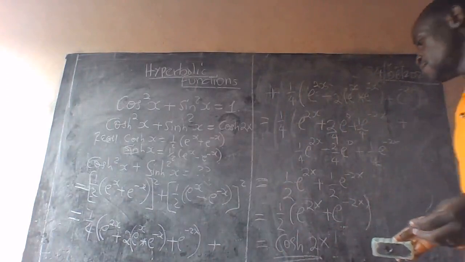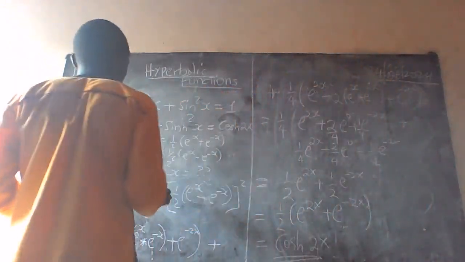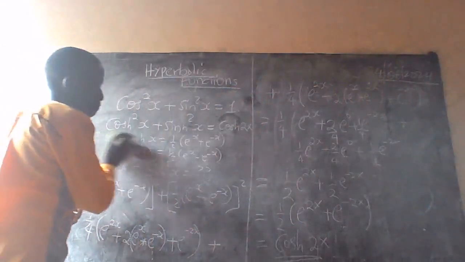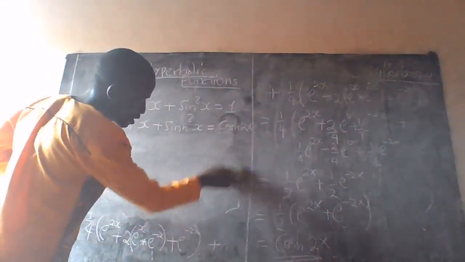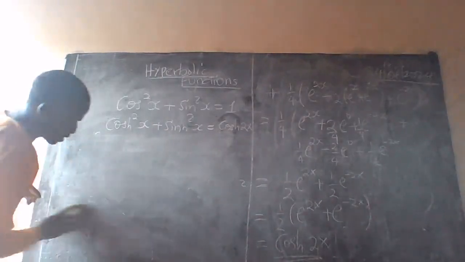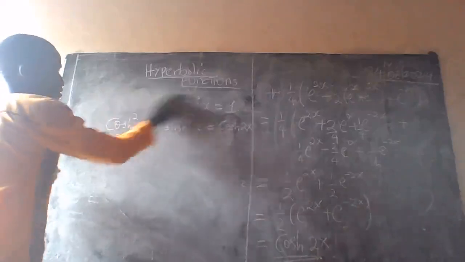That is, you add the powers, and therefore this brings us to our second hyperbolic identity.